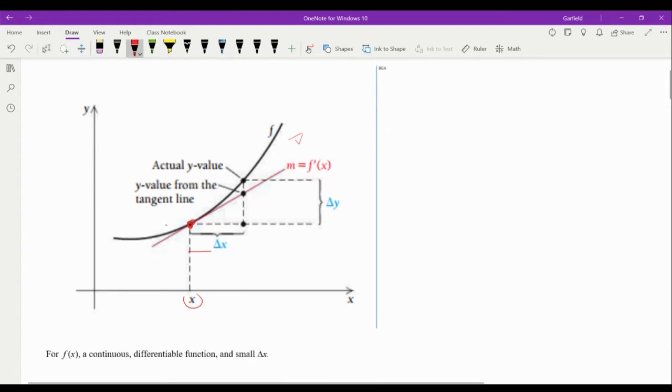Now, if we go over a little bit to the right, delta x distance, then what would this value be on the x-axis? Can anyone tell me?